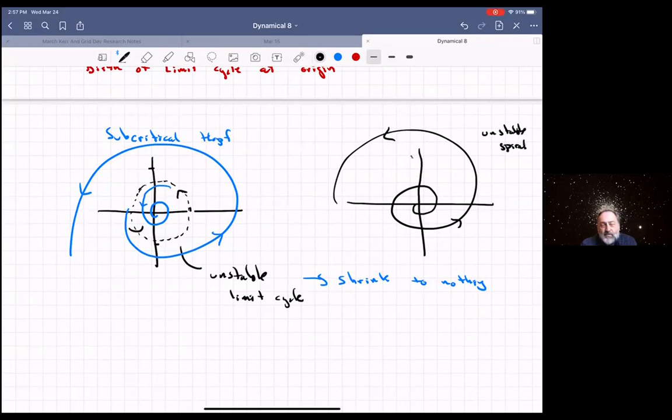So the idea of the subcritical Hopf bifurcation is you start with an unstable limit cycle that shrinks to the origin, and when it reaches the origin in size, it turns over into being just an unstable spiral. So whatever's happening outside of the limit cycle, that behavior has to go all the way down to the origin. In the unstable limit cycle, what's going on outside is it's running away to infinity. So if you shrink the size of that limit cycle, eventually it becomes an unstable spiral.